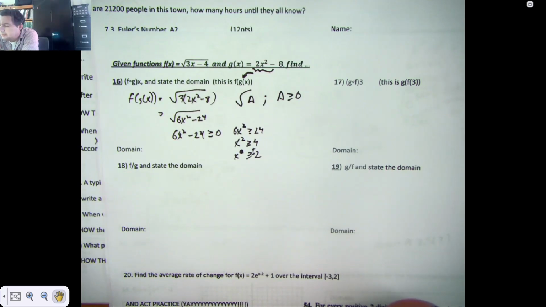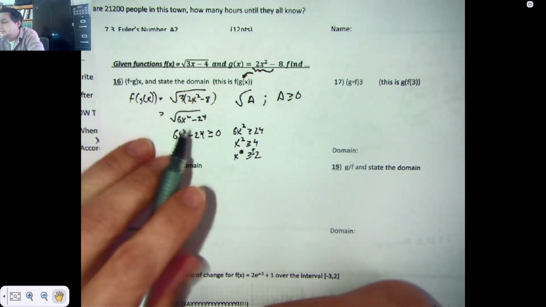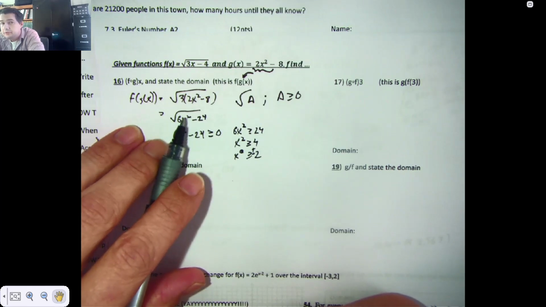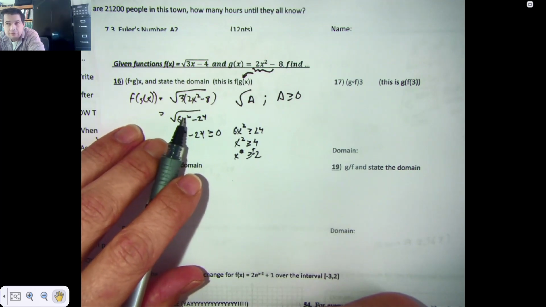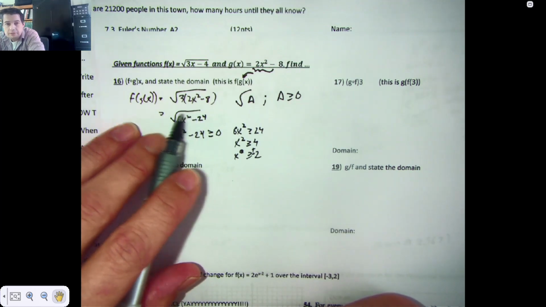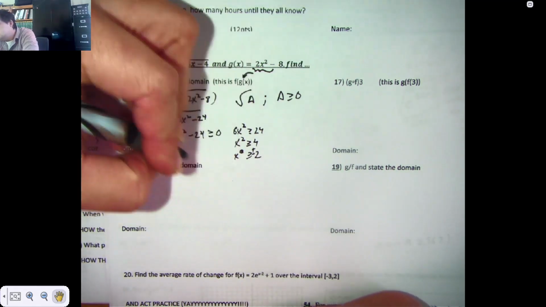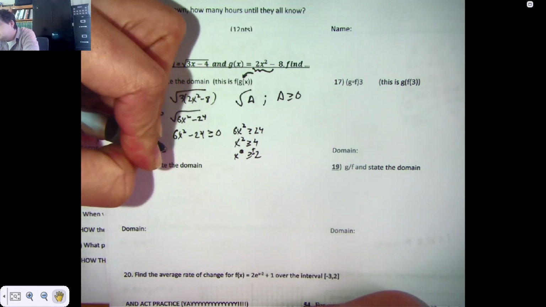Well, it's the stuff between. If I make up a number that's bigger than 2, like a 3, sorry, it's not the stuff between, it's the stuff on the outside. If I was to plug in a 3, this would become 6 times 9, which is 54 minus 24. This would become root 30, which is doable. So I do agree that x is greater than or equal to 2.